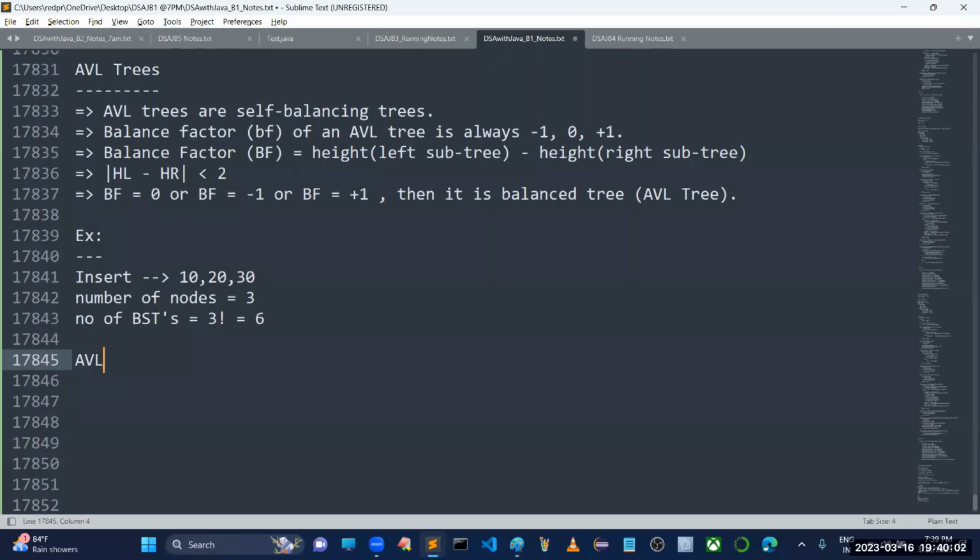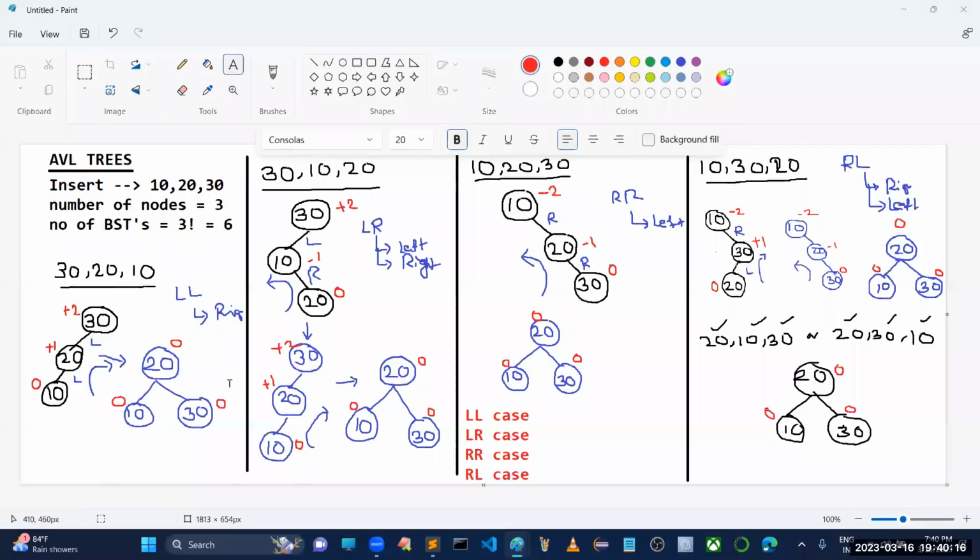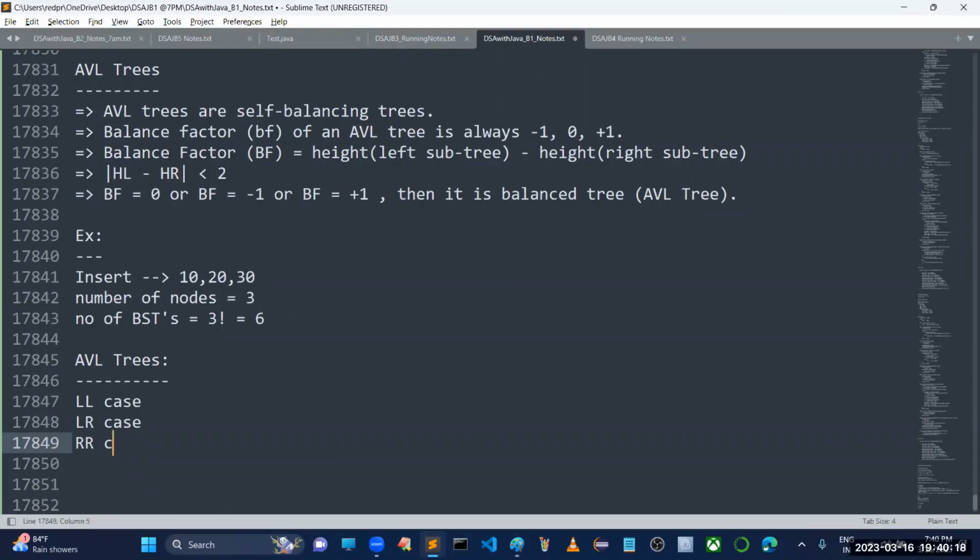So in AVL trees, what are the different cases that we are going to get? The first one is the LL case, then the LR case, after that the RR case and then the RL case. How can we get a solution for the LL case?